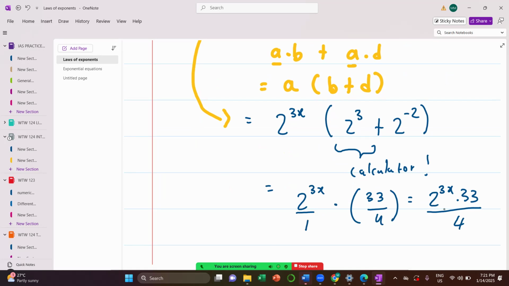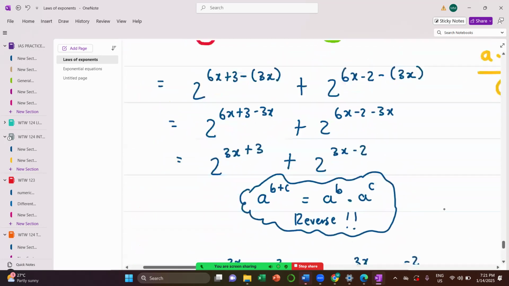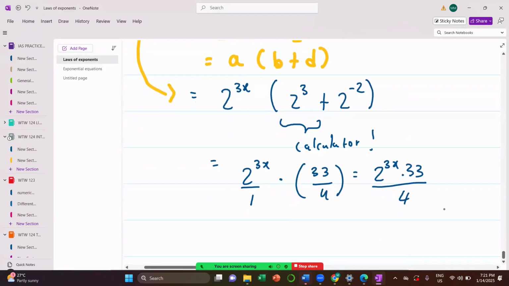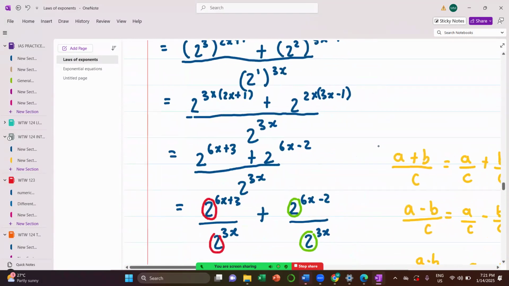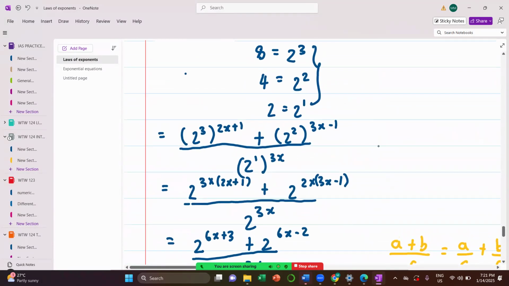Are you okay? So that can be our final answer. So I think we are now done. I think you guys now will be able to see the laws of exponents. Do you guys have any questions with regard to this question that we just solved?